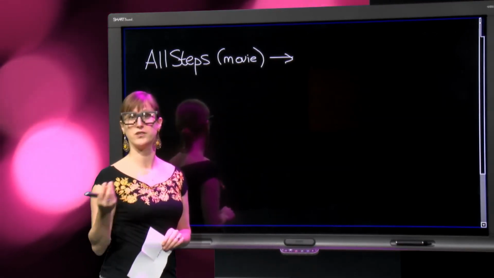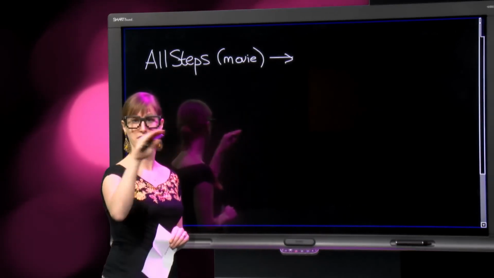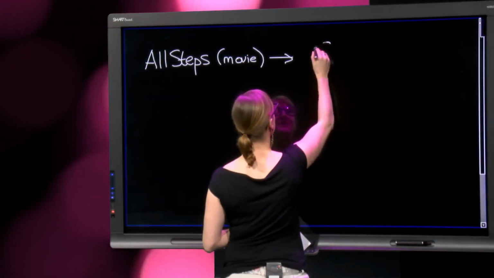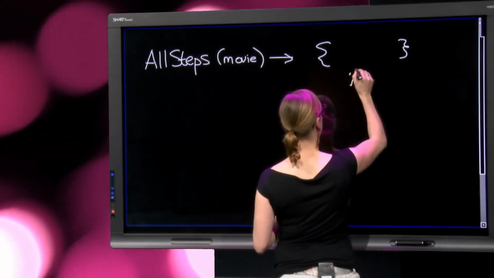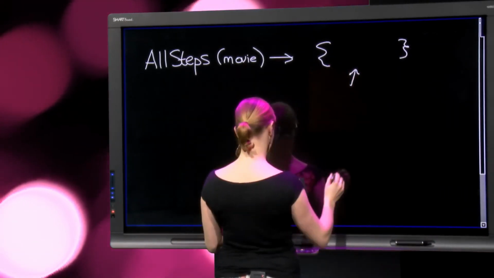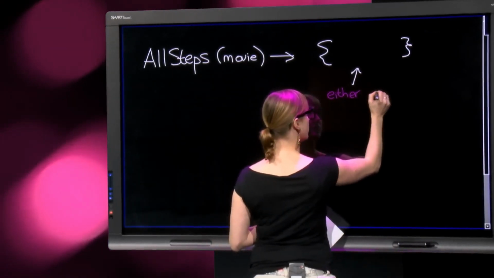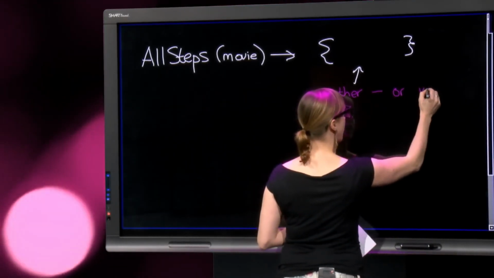So for instance, for Crazy Stupid Love, this list would be 1 dash dash. These are the first 3 rows currently in the spreadsheet. So what we get is a list of things. So what is in this list? It's either a dash, meaning it's undefined, or it will be a value.